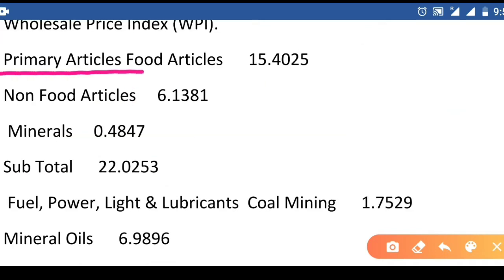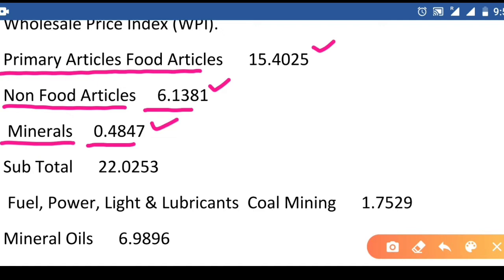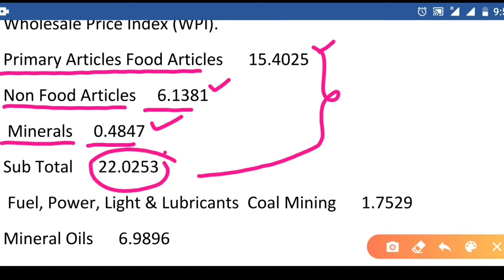Primary articles: food articles, weightage 15.4025. Non-food articles, weightage 6.1381. Minerals, weightage 0.4847. The subtotal of all these items equals 22.0253.